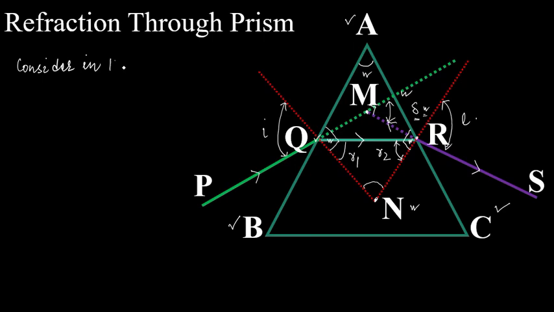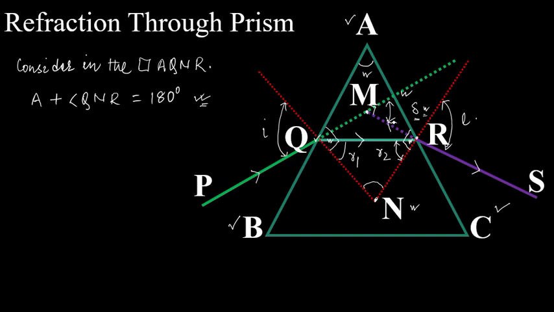In the quadrilateral AQNR, the sum of angle A plus angle QNR equal to 180 degree. Hope that there is no problem to understand at this step.